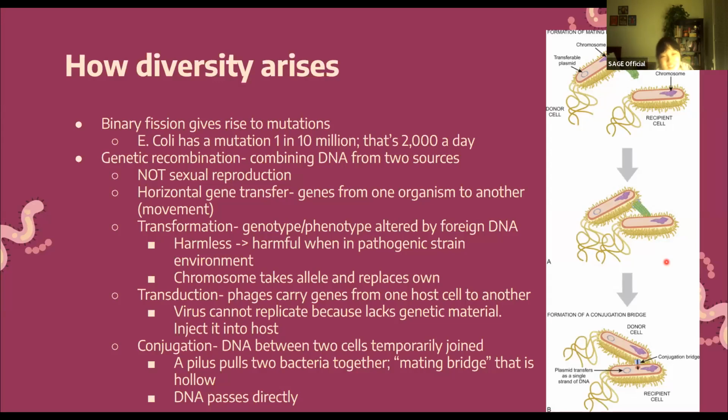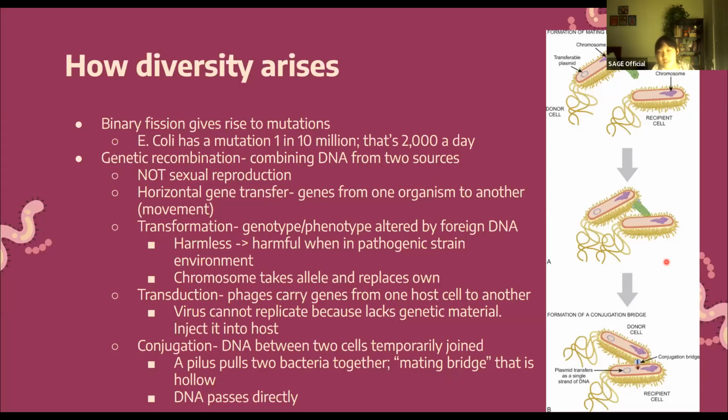Okay, the second type of genetic recombination is called transformation. This is when the traits, either the genotype or the phenotype, change. A genotype is an organism's full set of traits, and the phenotype is its appearance. It can turn harmless bacteria into harmful ones.